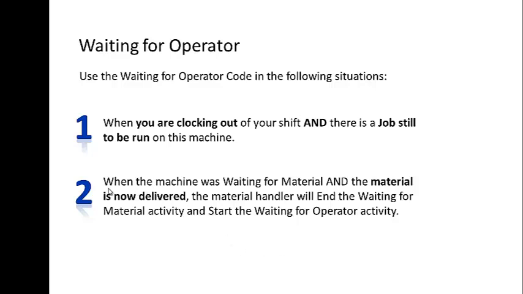The other time that you would use waiting for operator is when the machine was waiting for material and the material is now delivered. The material handler will end the waiting for material activity and start the waiting for operator activity.